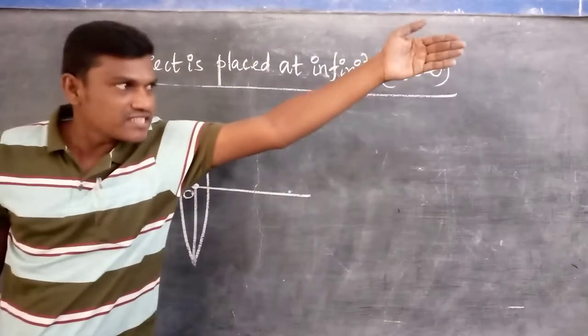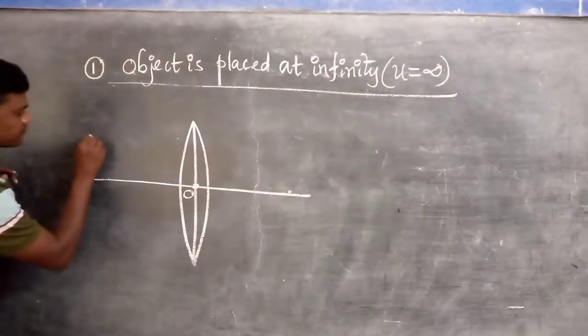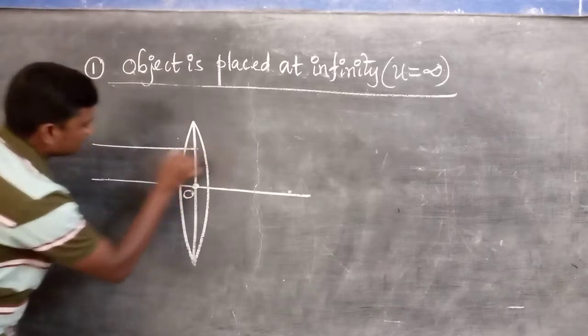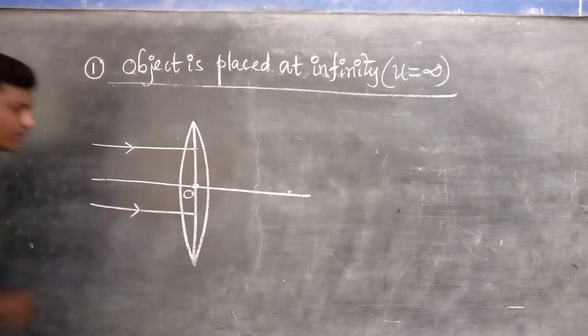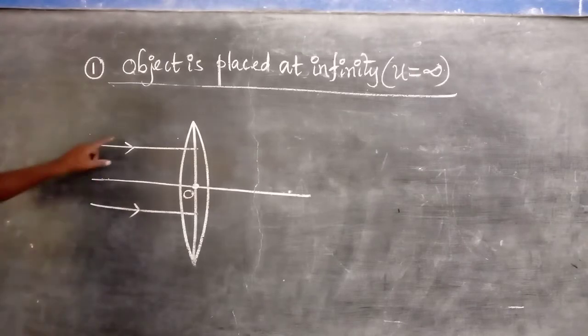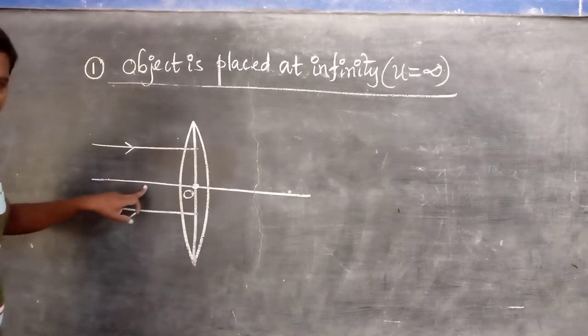Are they parallel or not? Like this. Here you observe that these two rays coming from the object are parallel to the principal axis. Why?